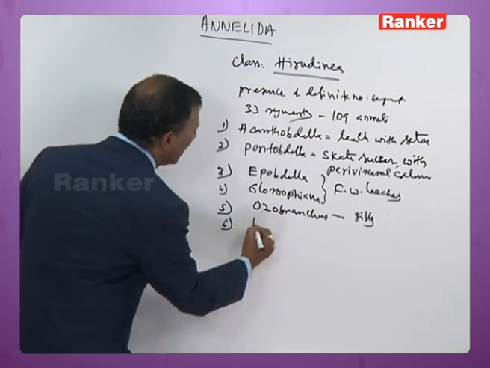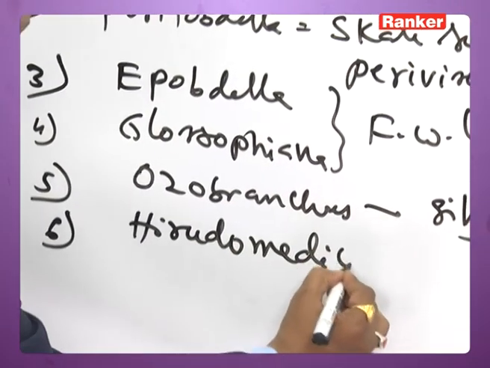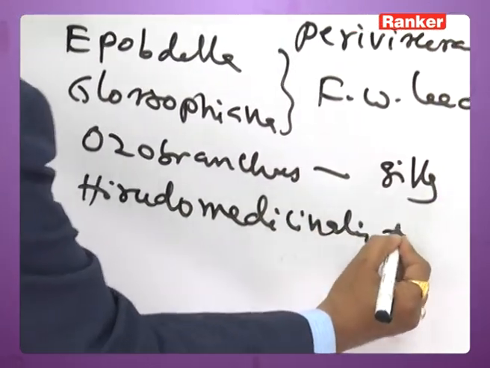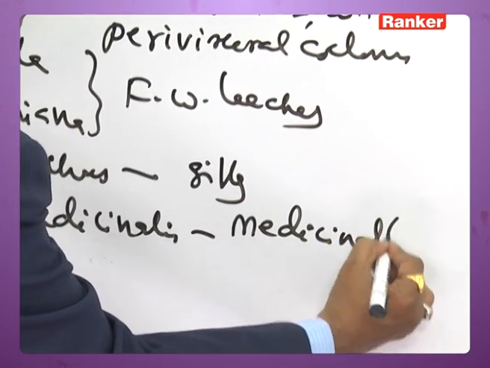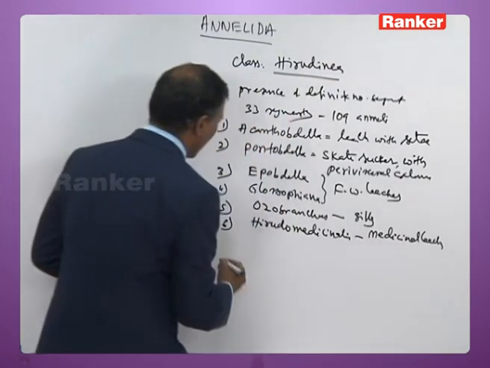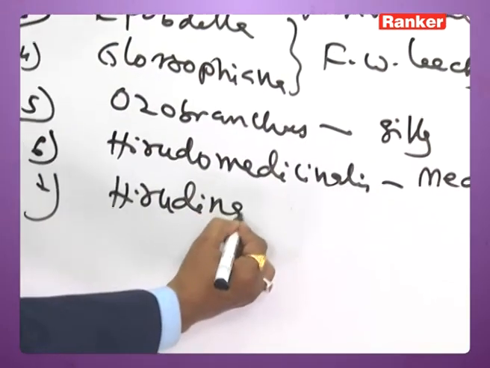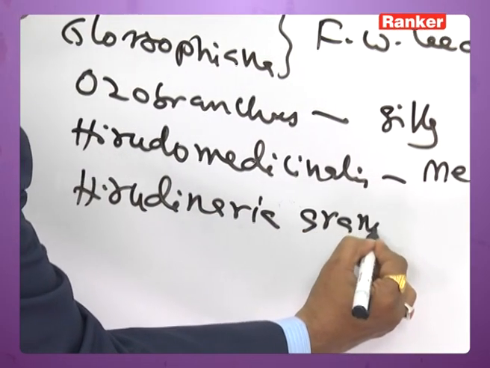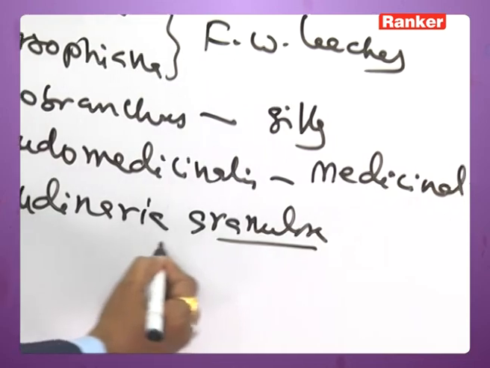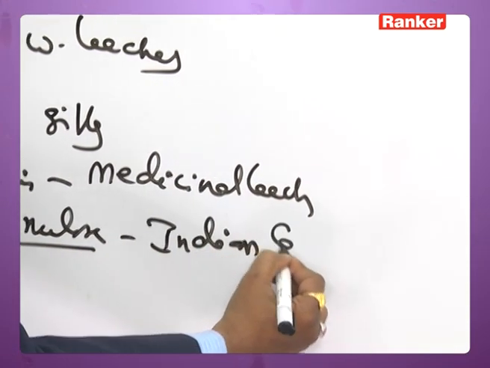Then you have Hirudo medicinalis, commonly called medicinal leech. Then you have Hirudinaria granulosa, commonly called Indian cattle leech.